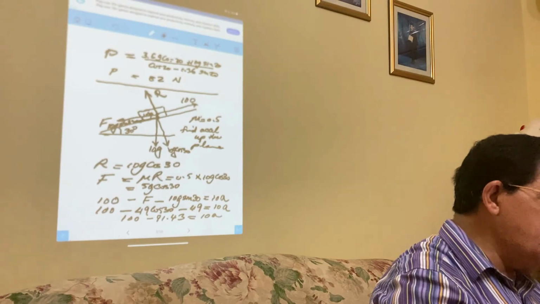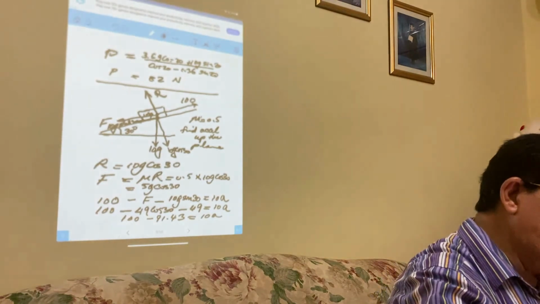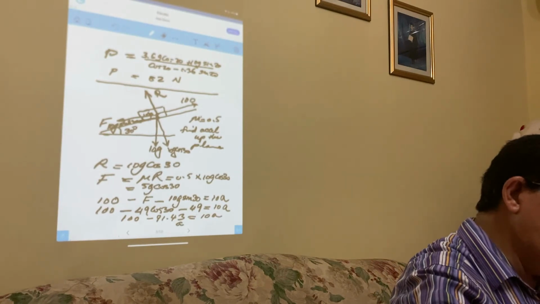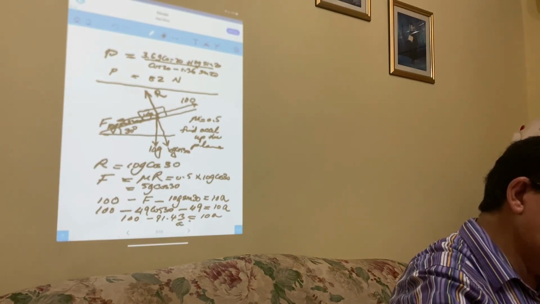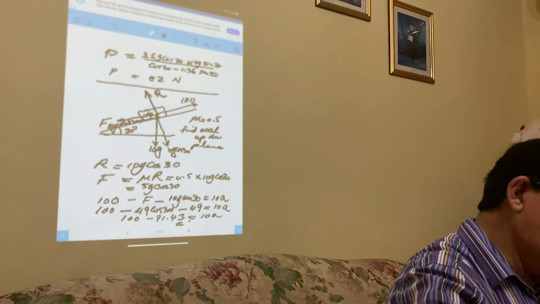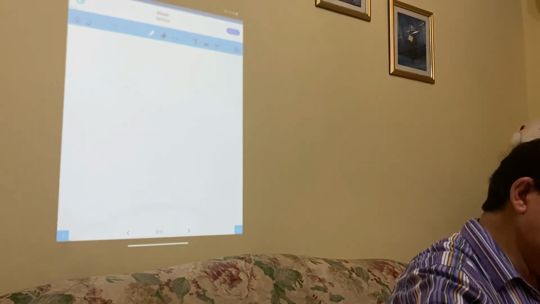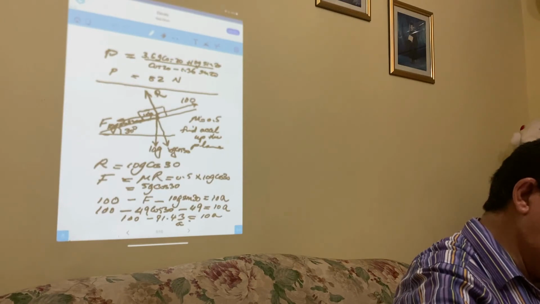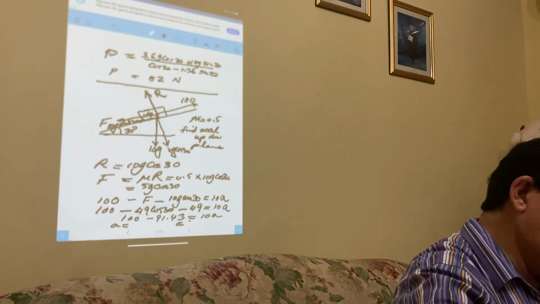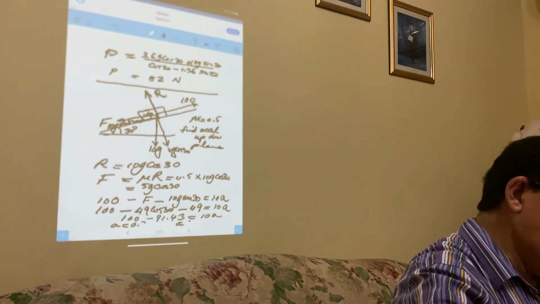From this, we get the acceleration a equal to 0.86.